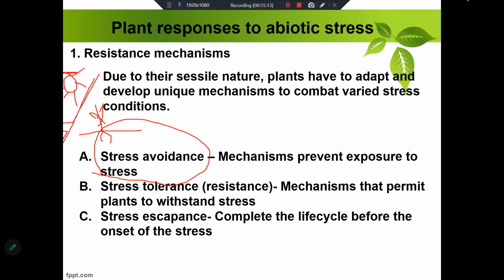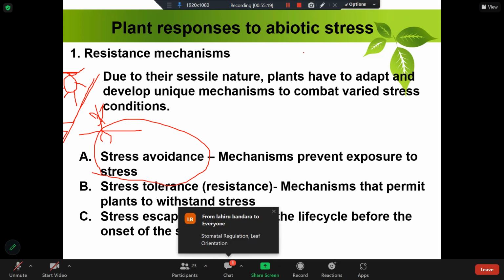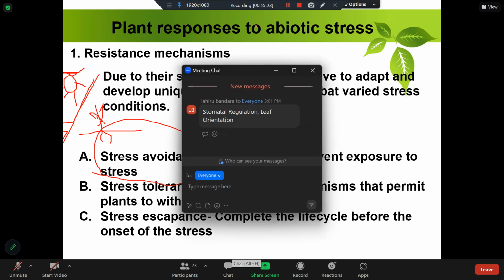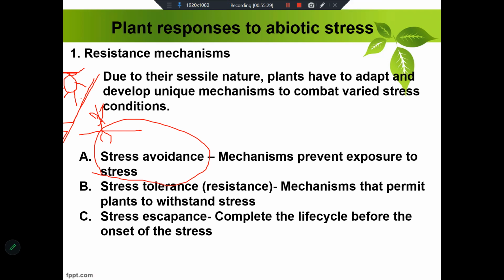Another example, can you give me another simple example? Plants having trichomes, waxy tissues. Okay, very good. Plants having waxy tissues. So sunlight is there, and plant cells are there. In between the plant cells and the sunlight, there will be a waxy tissue.